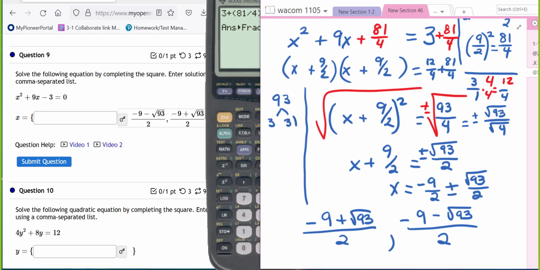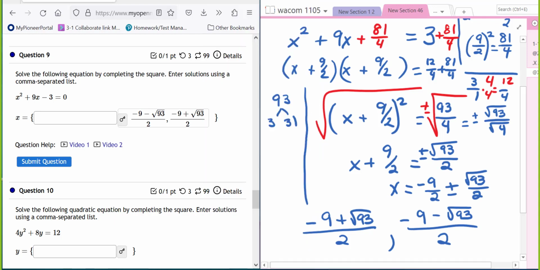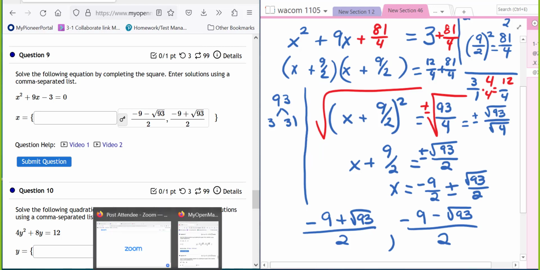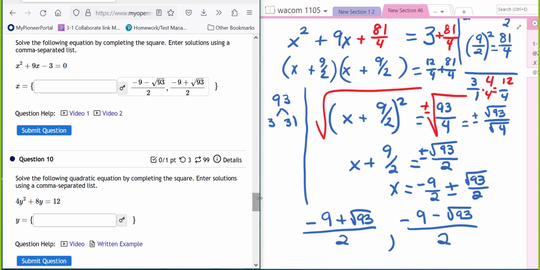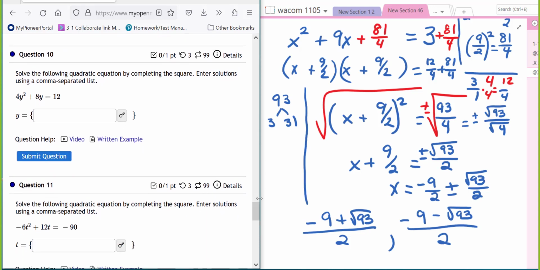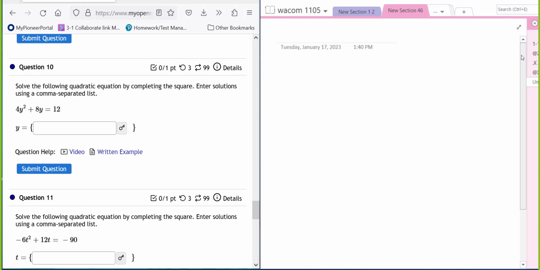All right. I think I had just one more of these. Actually, I had two, I think. All right, so number 10. Number 10 is going to pull in a number in the front.